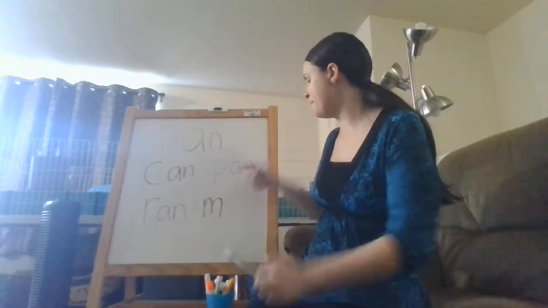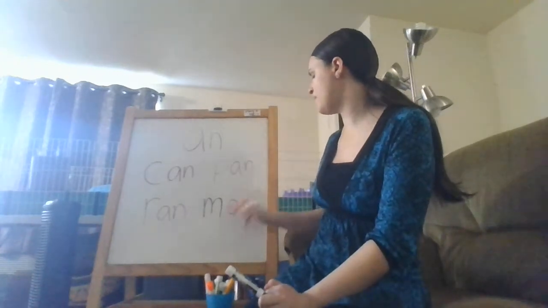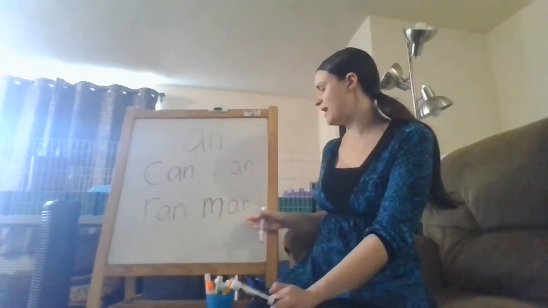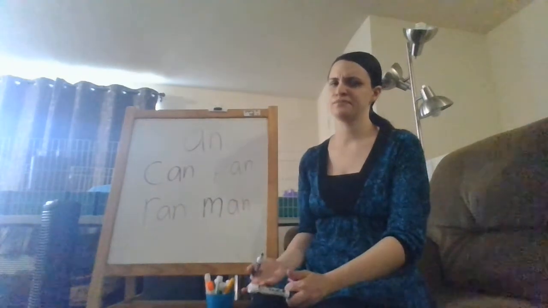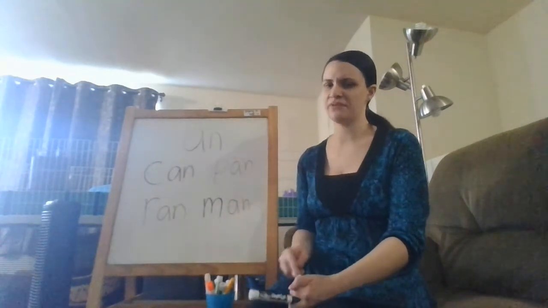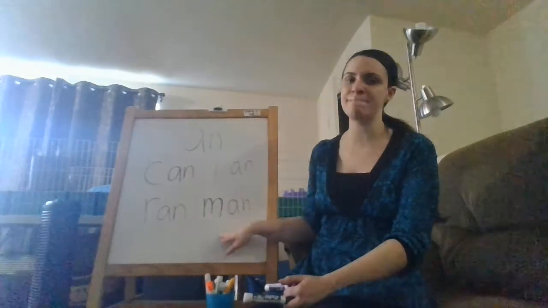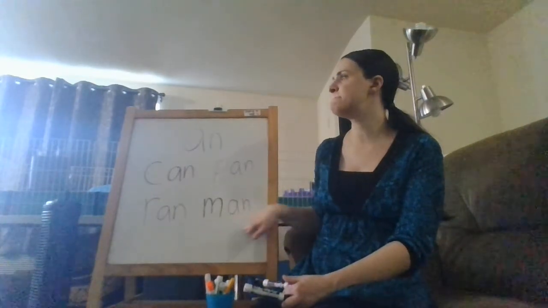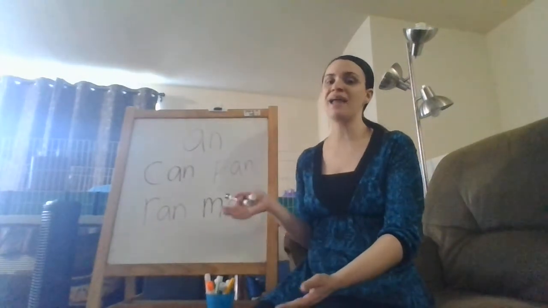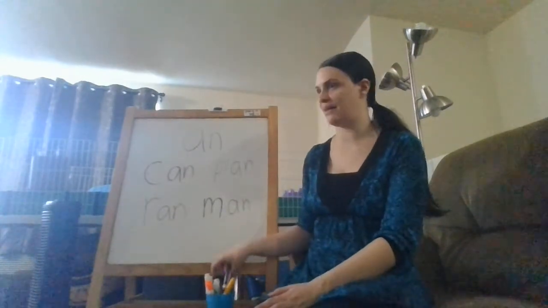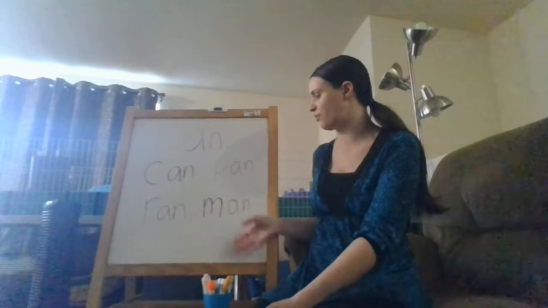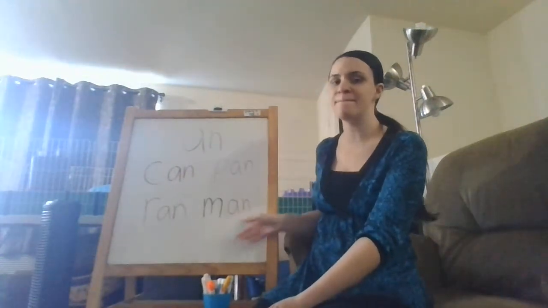So we have m, and. What word does that sound like? It's the word man. Can we say man? Ready? Man. Okay. And a man is like a grown-up. Like a daddy. It's a grown-up boy. Can we say man?